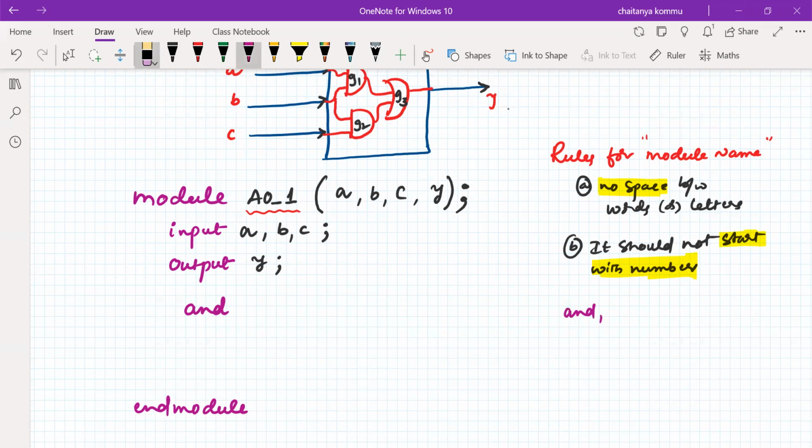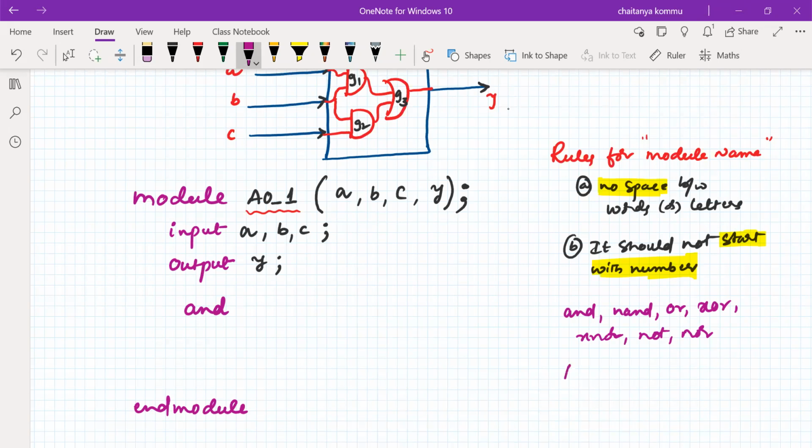Like this, these primitives we can use directly: nand, or, xor, xnor, not, nor. These are the gates that we normally use in our circuits, so we can directly call them with their names like this only.